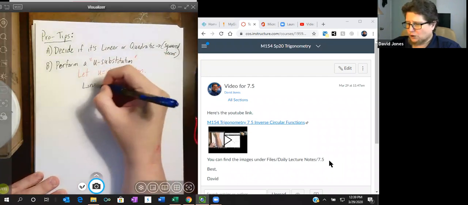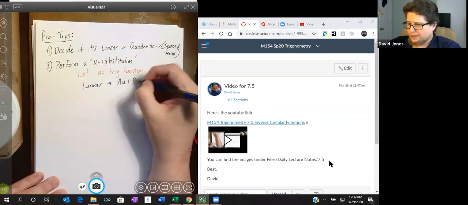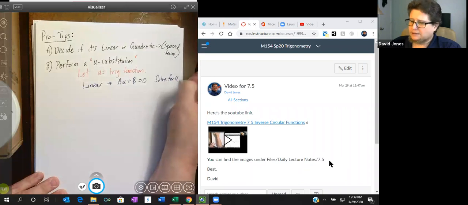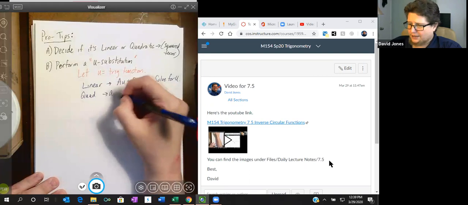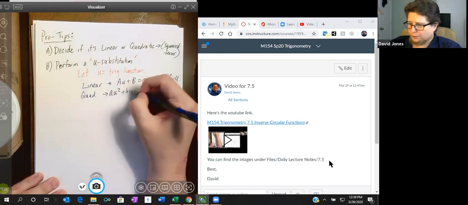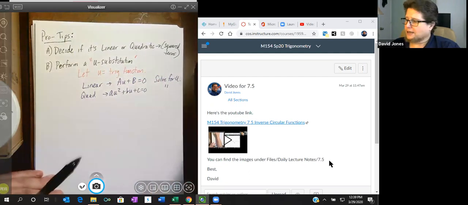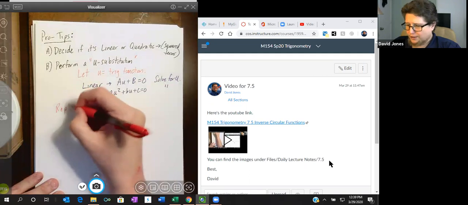And then the linear equation turns into a times u plus b equals 0 and solve for u. Quadratic, au squared plus bu plus c equals 0. Again, solve for u. And then replace u with the trig function.